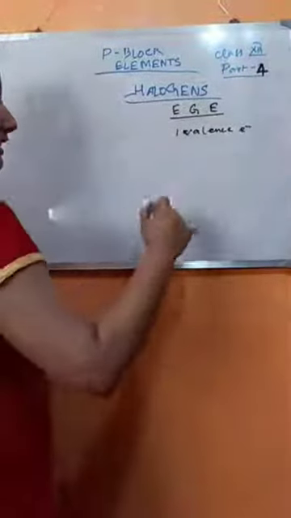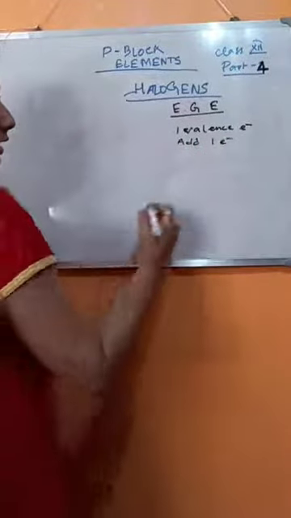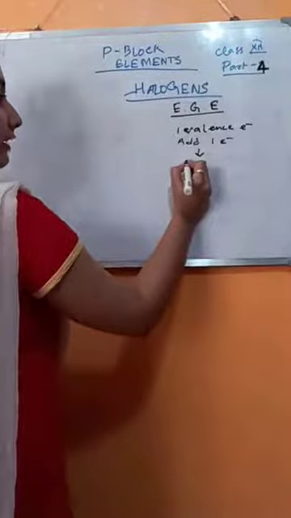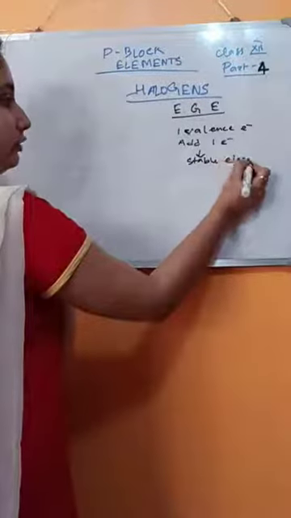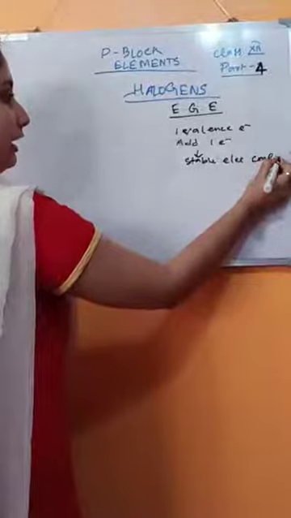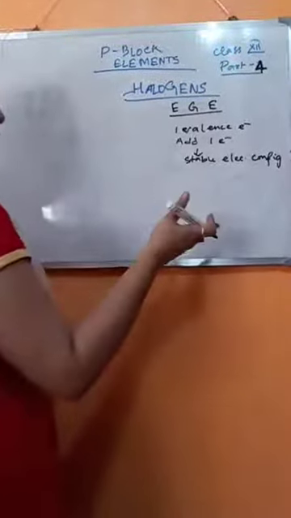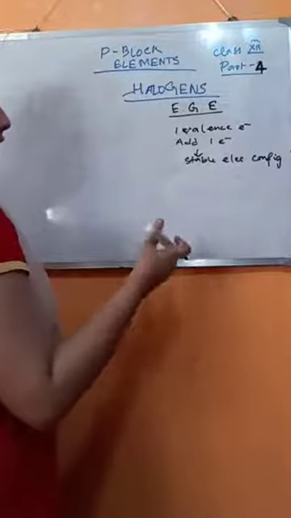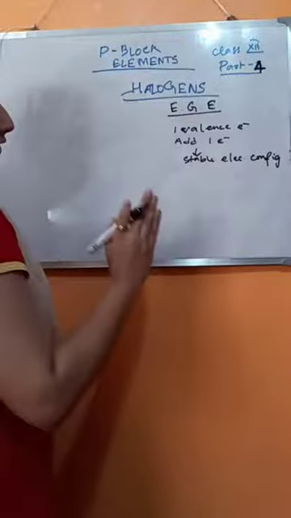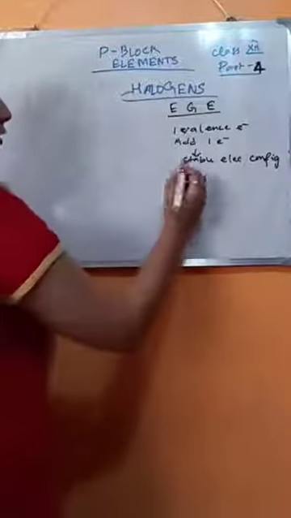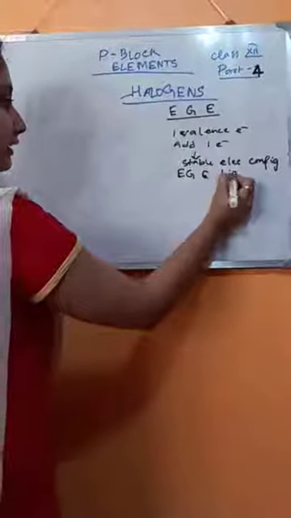So it can easily add another electron to show a stable electronic configuration, or to attain stability. Halogens will easily take up or attract or add one electron to their outermost shell. So the value of electron gain enthalpy is high.